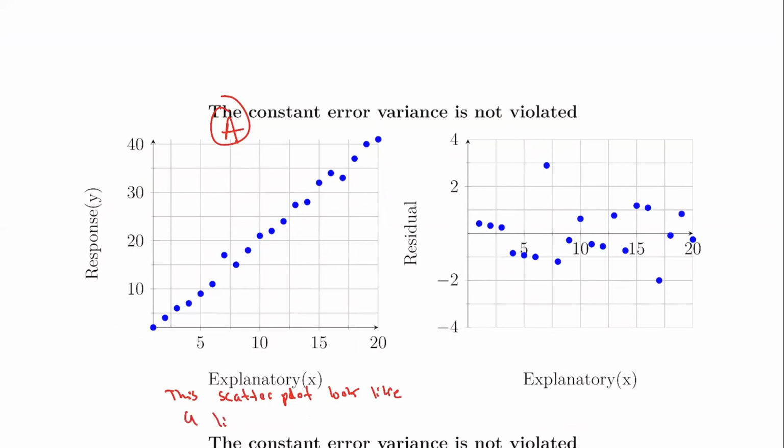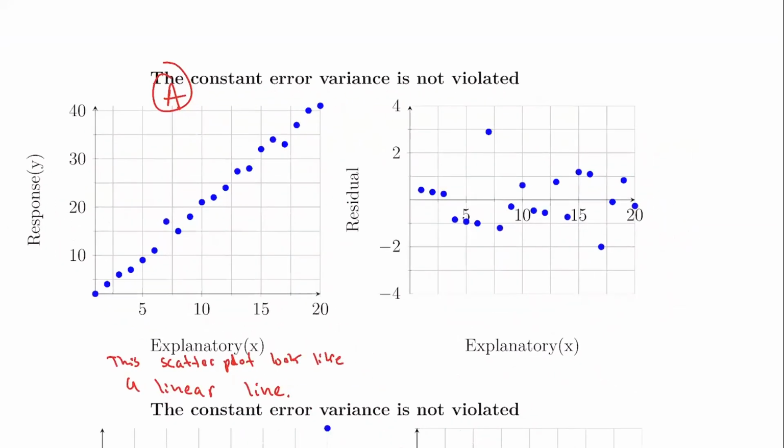Cool. All right. So almost everybody agreed that this scatter plot looked like a linear line. So let's go to the residual plot. So this is the residual plot. Let me just label it so you know for sure it's the residual plot.